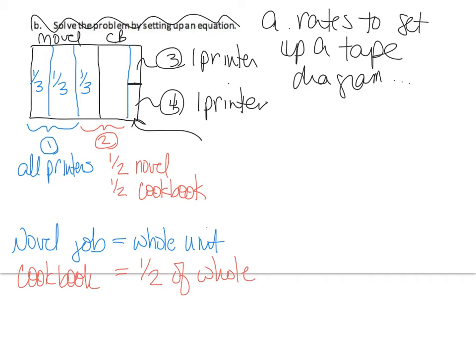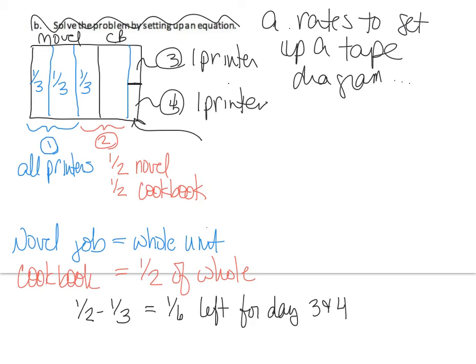The same third must have also been completed on the cookbook job on day 2, leaving half minus 1/3, which if you get out your handy dandy calculators is really a 1/6 left for day 3 and 4, right?